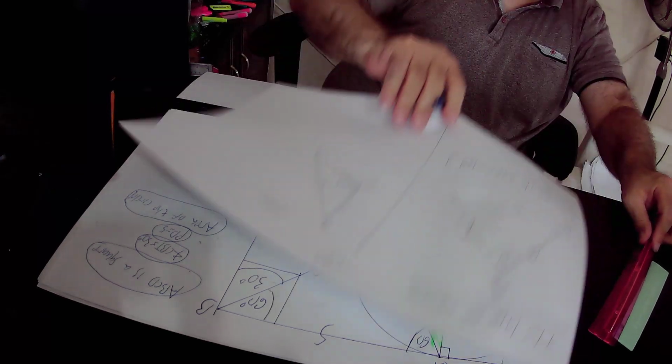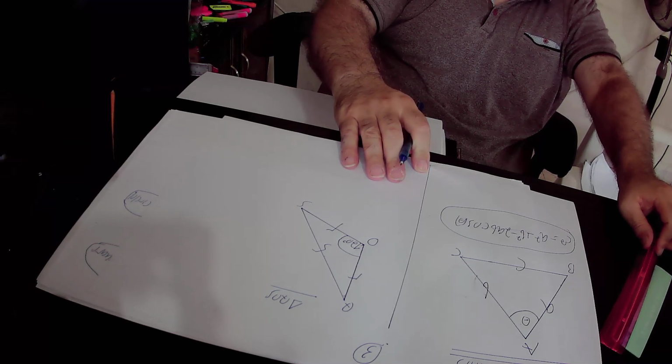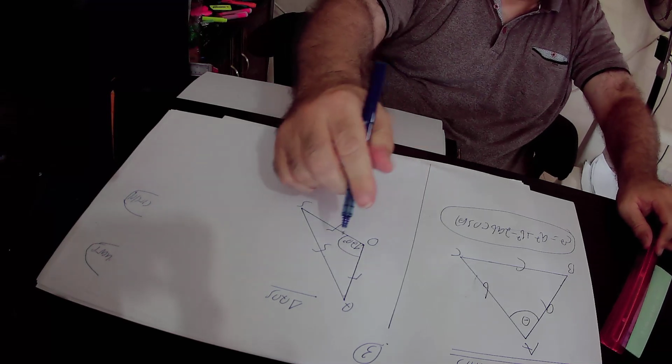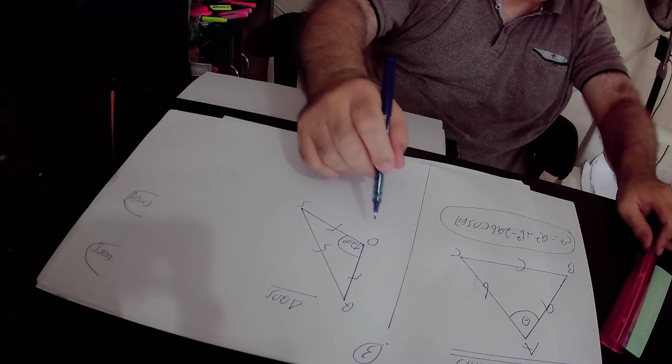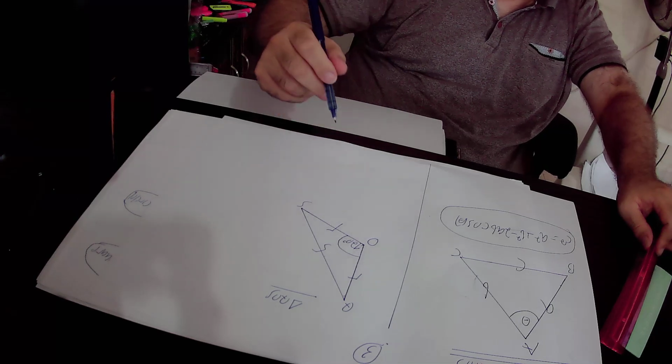Actually, this is triangle QOS that I copied from the original drawing. QS equals 5 units, OS equals R, OQ equals R, and angle QOS equals 120 degrees.